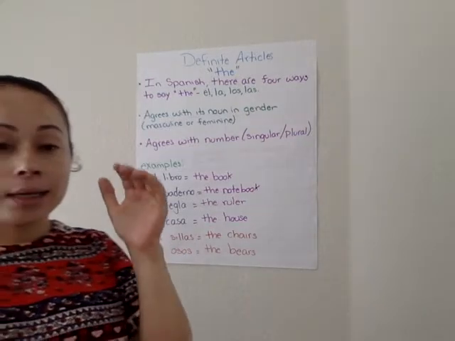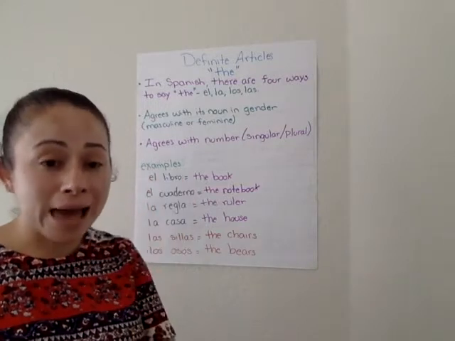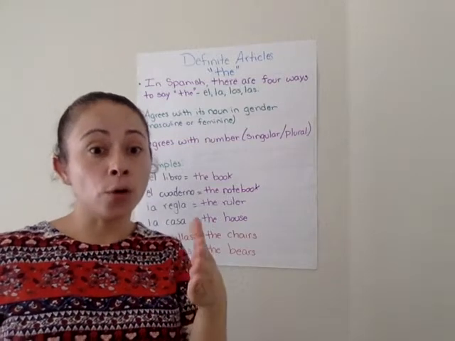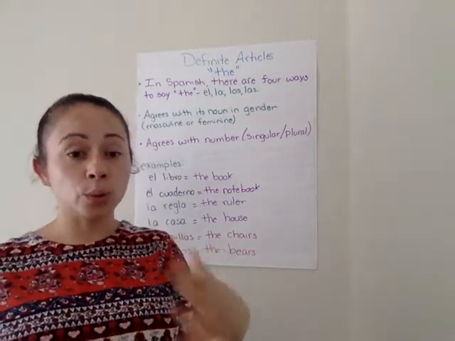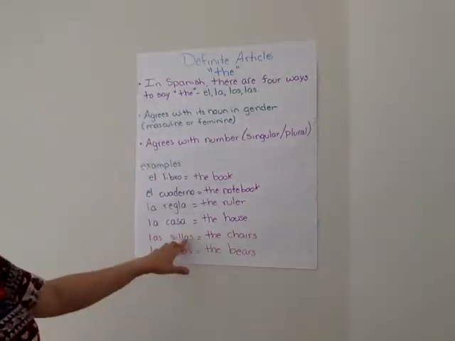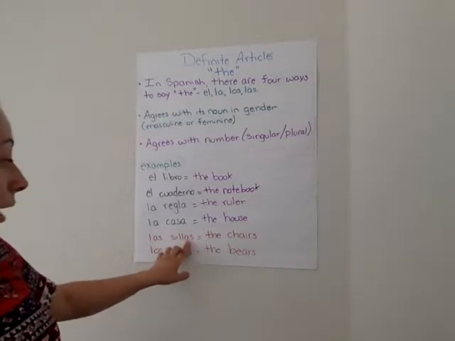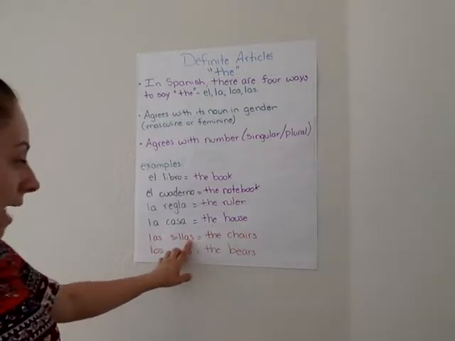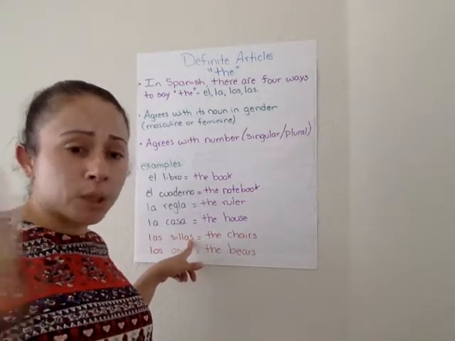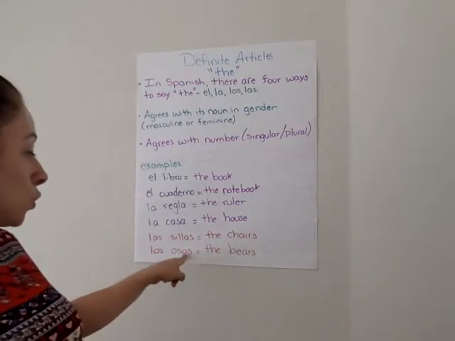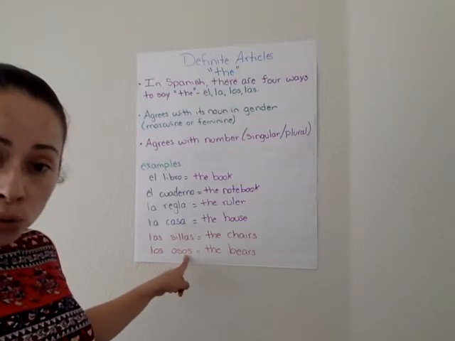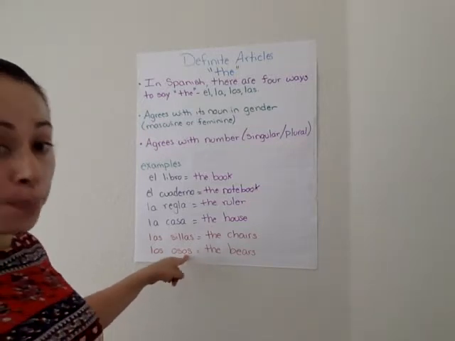Now, nouns that end with S are either masculine plural or feminine plural. So, in order for you to tell whether it's masculine or feminine, you need to look at the second letter before the S. So, in chairs, sillas, it's AS, so that's why it's feminine plural. And osos, bears, the letter before the S is O, so it's masculine plural.